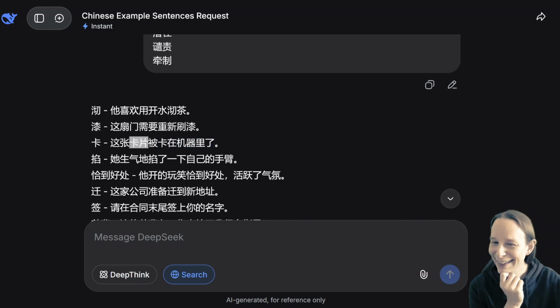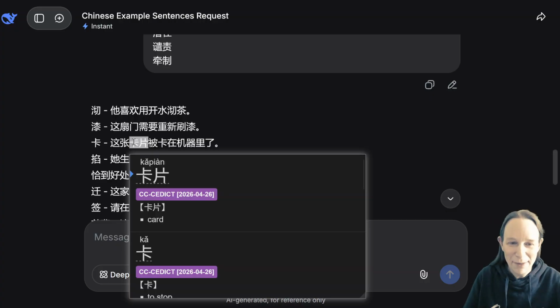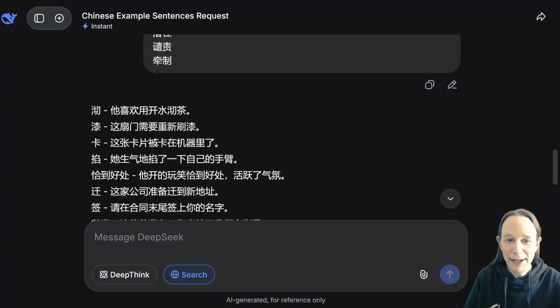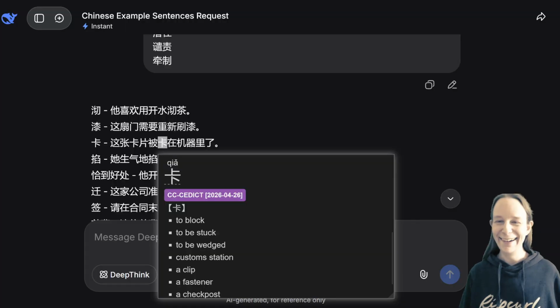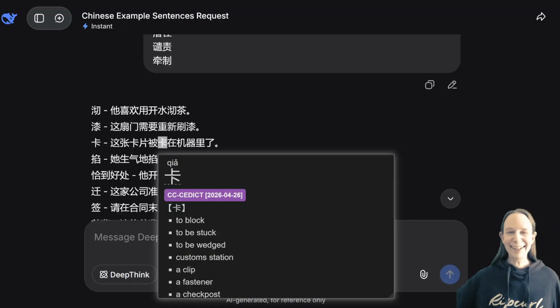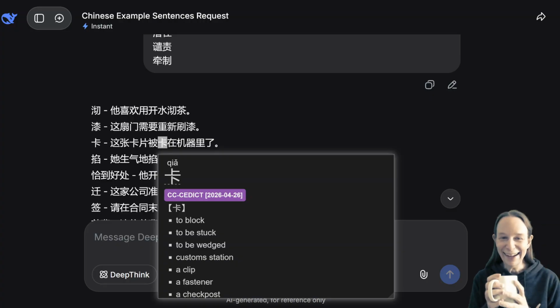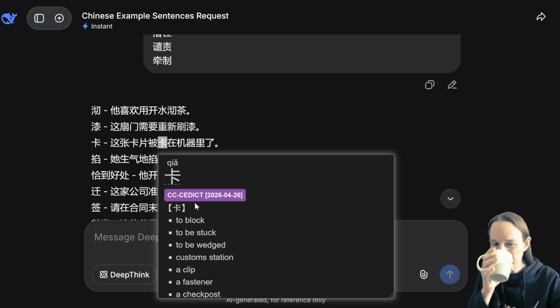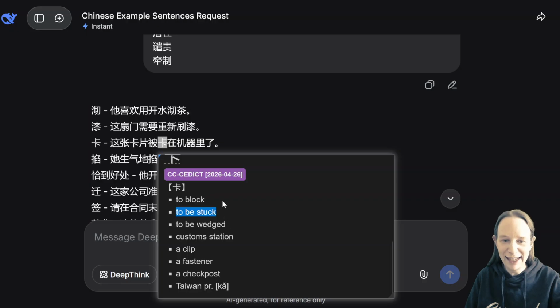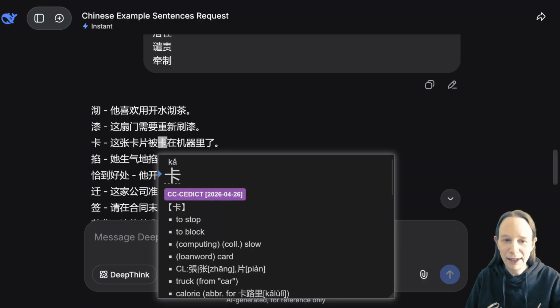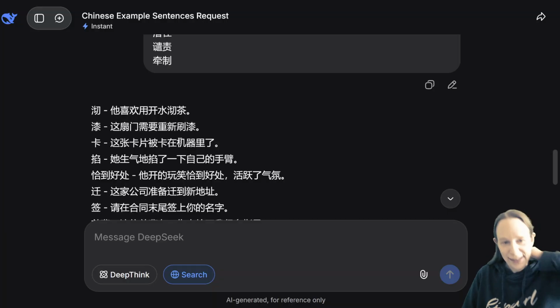Oh, the AI is clever, isn't it? This is 卡片. This is ka, but here it is qia. Clever girl. Clever AI. It used both of them just to emphasize. So it is choke, but here it's like stuck, blocked. Yeah. 卡住. 卡在机器里.